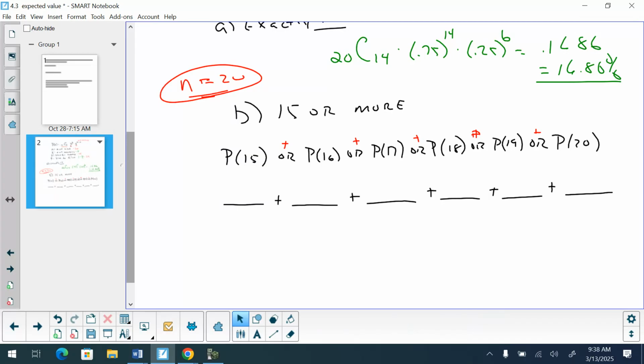You have to go to page A10. A10. We have n value of 16 and n value of 20.